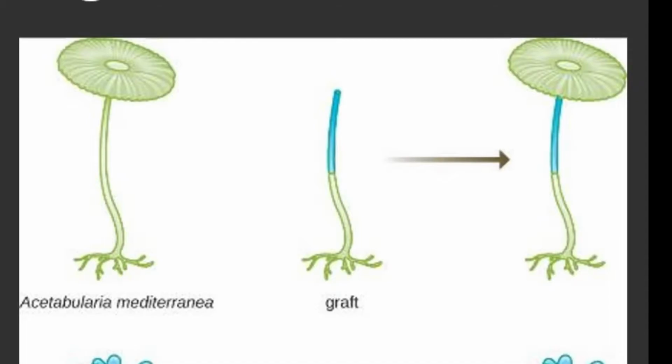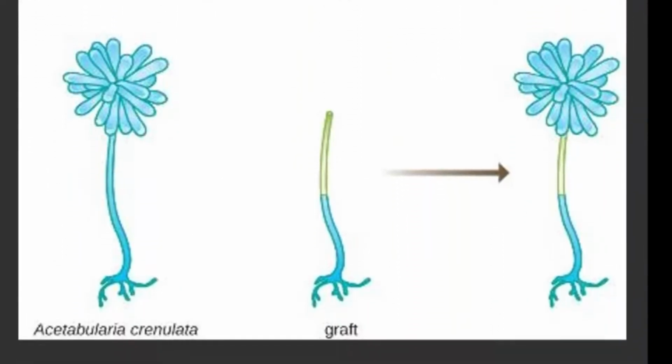He did a similar opposite experiment with Acetabularia crenulata, where he cut off the cap and the stalk of those plants and then grafted to them the stalk from the Acetabularia mediterranea, and as he probably expected at this point, the cap of the crenulata grew on top of that.